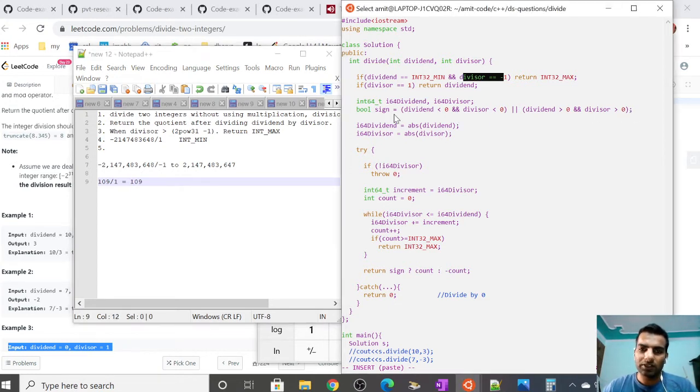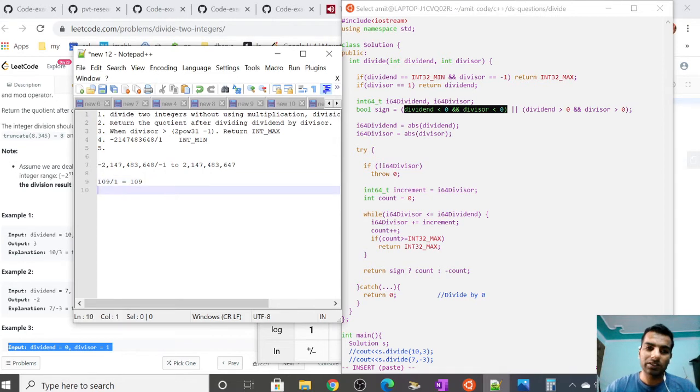Then I have noted the sign of the resulting number. If the dividend and divisor both are smaller than 0, let's suppose minus 9 divided by minus 1, the answer will be with a plus sign. And if both are greater than 0, 9 by 1, again the answer will be with a plus sign.